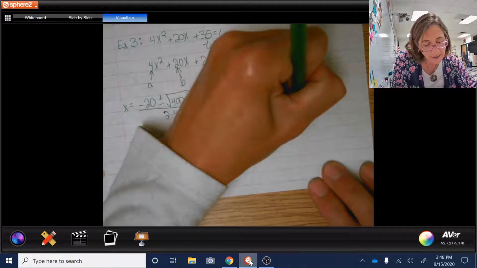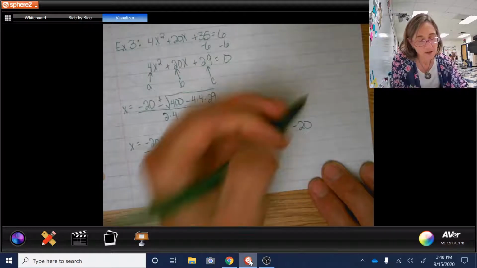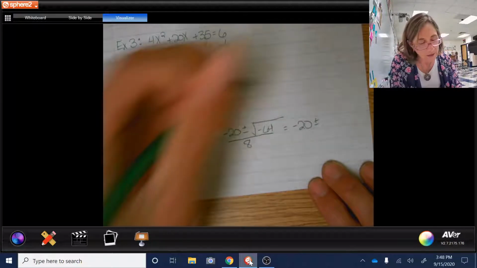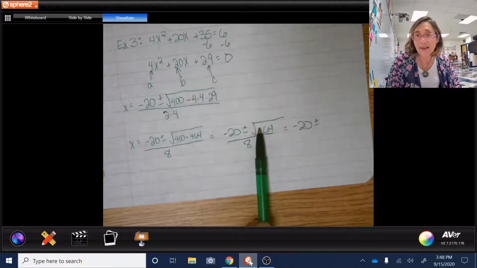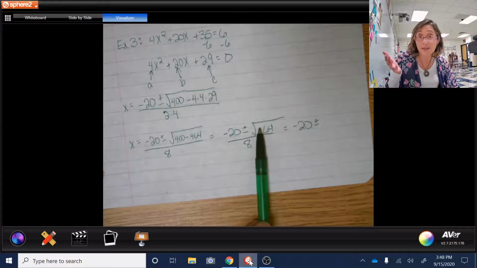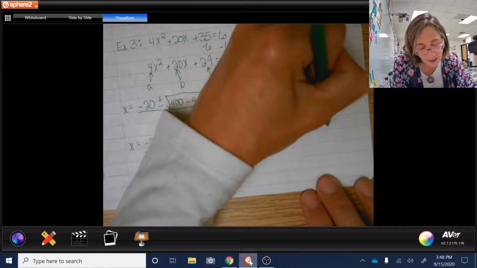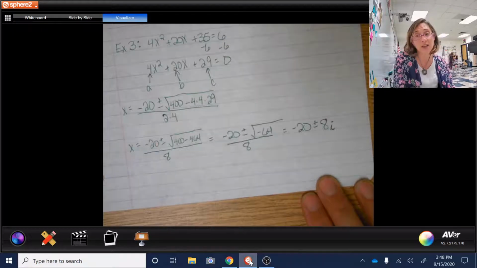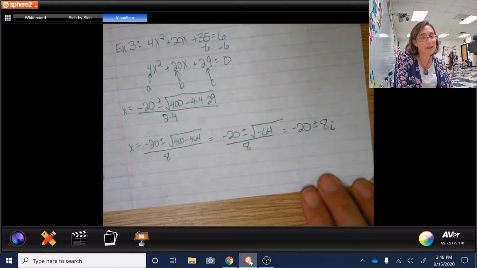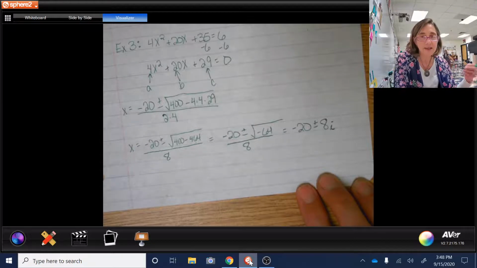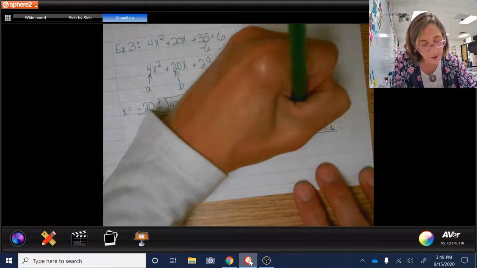So it's negative 20 plus or minus. Let me put that there. Now, if I pretend that negative's not there, you could do the square root of 64 just fine, couldn't you? What's the square root of 64? That would be 8. So this is 8i. 8 imaginary, because you can't really square root negatives without thinking of imaginary numbers.